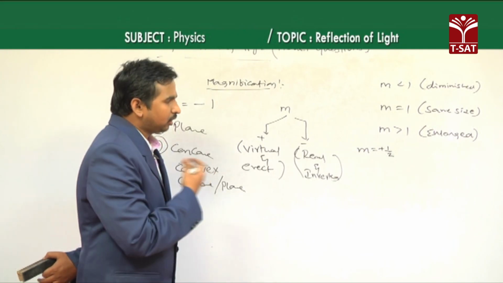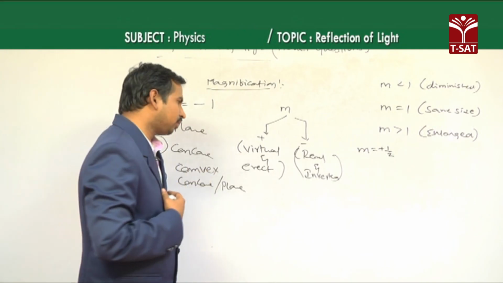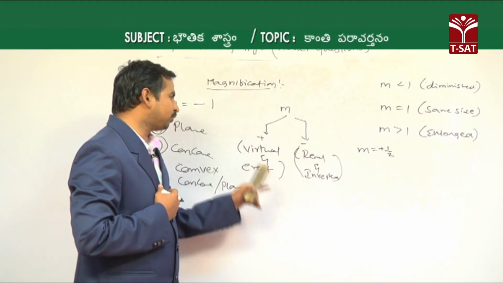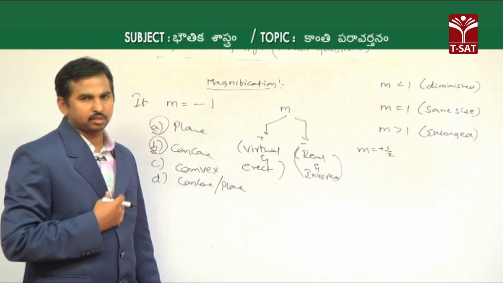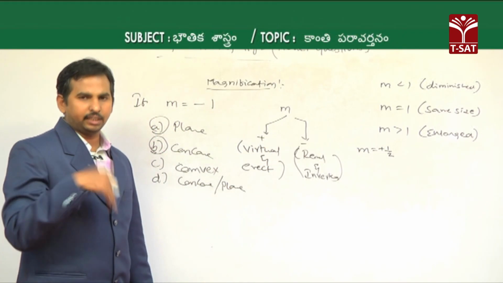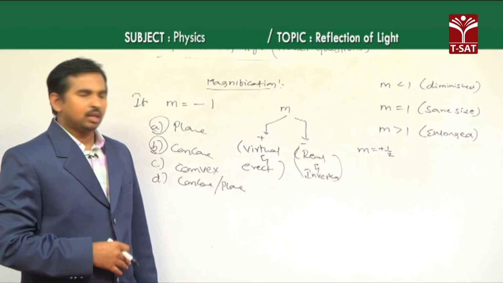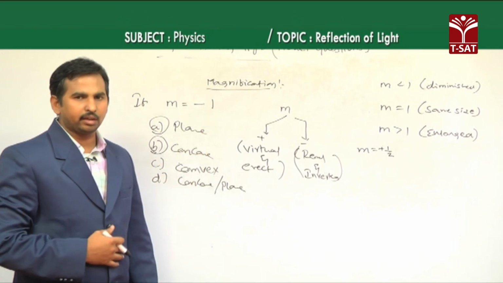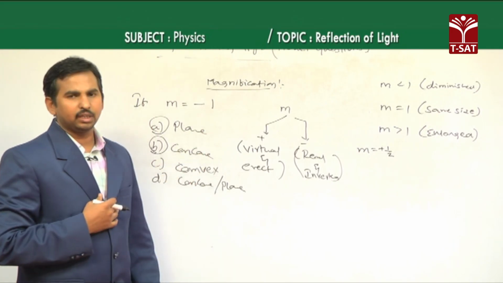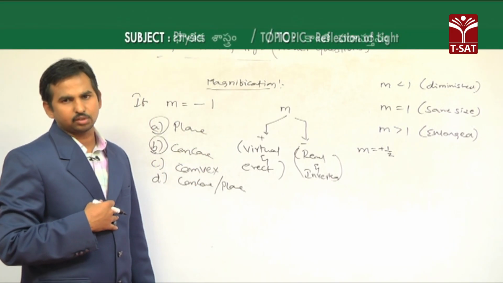And the sign is plus, which is meant only for virtual and erect images. A virtual, erect and diminished image is formed only by convex mirrors. Like this, depending on the m values, we have different possibilities for the use of mirrors.